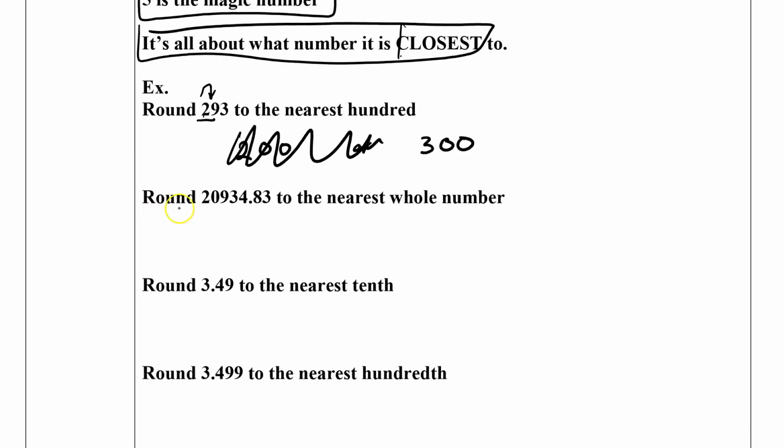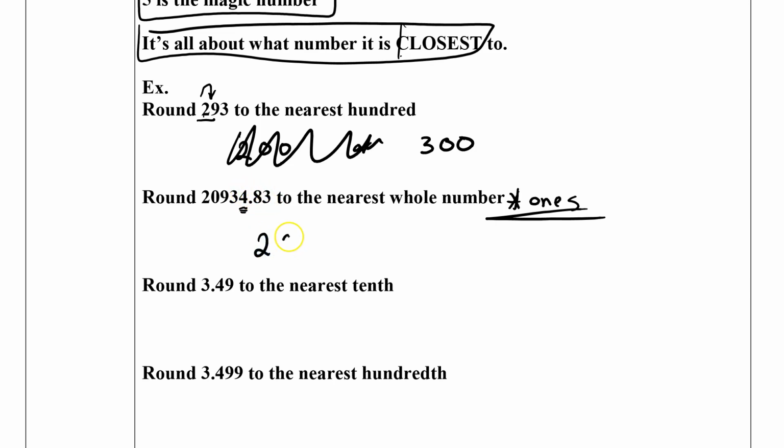This one right here, round 20,934.83 to the nearest whole number. That's another way that we say the ones. So that means that this 4 is in question. Now, when we look at the decimal place 83, that would bring this 4 up to a 5 because 4.83 is closer to 5 than it is to 4.